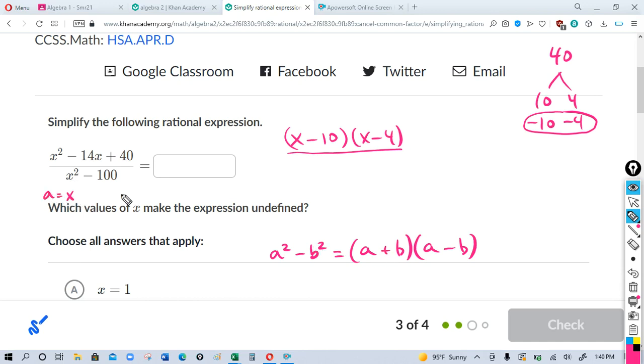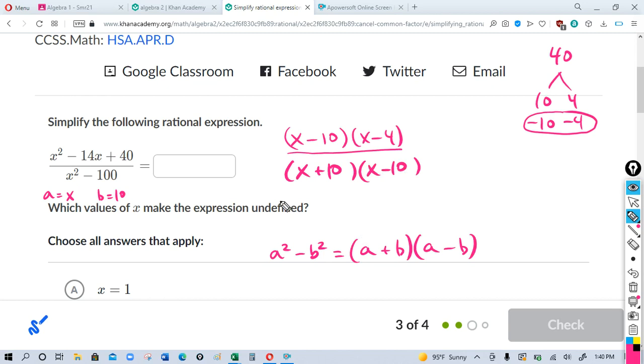And since b squared is 100, b would just be 10. The square root of 100. Right? So I'm going to rewrite this in this form. So a plus b is going to be x plus 10. And a minus b is going to be x minus 10.